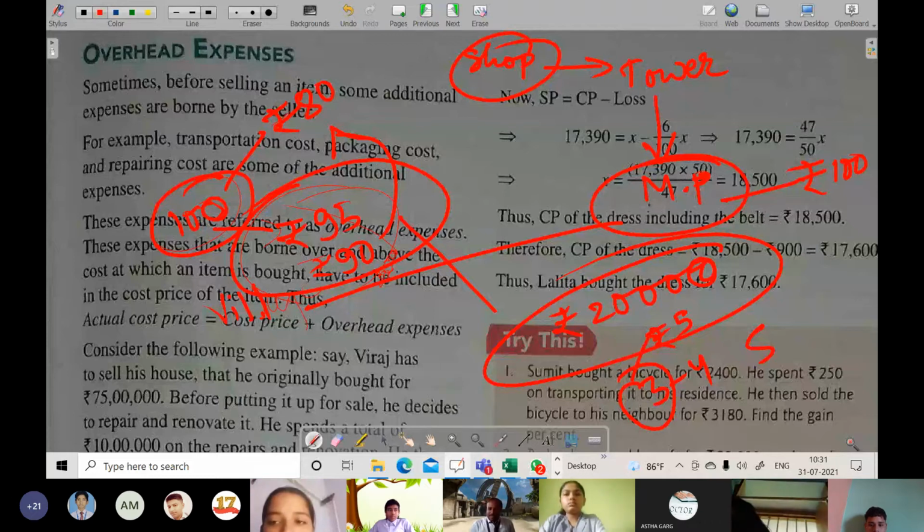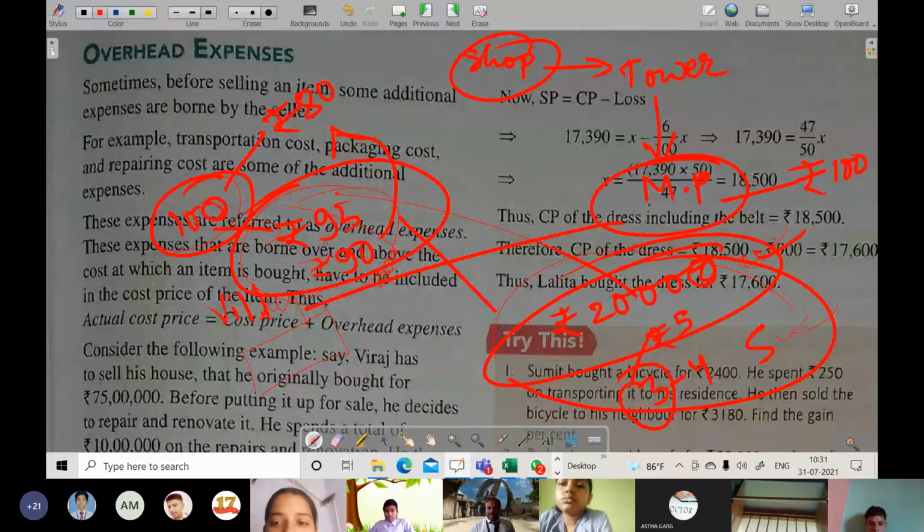Of course, materials they are buying at a cheaper rate than the villager, because they are buying in truck, so a little bit cheap. But due to these expenses, they deny to give any discount, because every month he is spending 40,000, so this 40,000 will be added to his CP more. Getting it? Yes, sir.